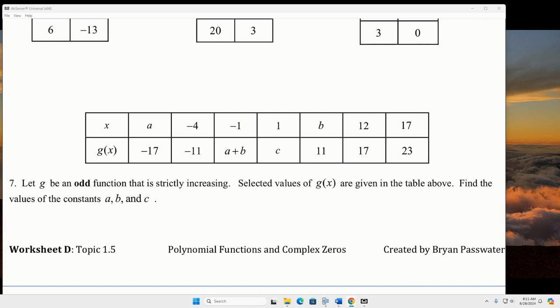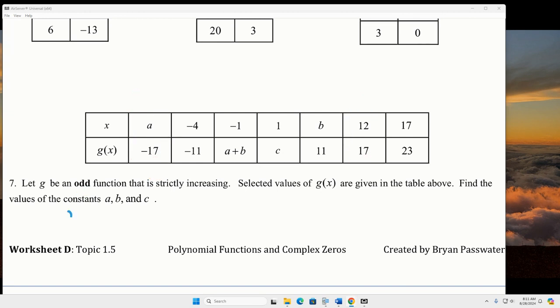All right, so here we go. This one has a, and this value is -17. If it's an odd function, we're going to need to be looking for +17. So if this is -12, we get -17. If it's +12, we get +17.